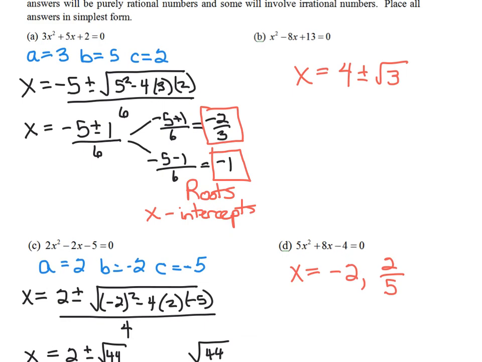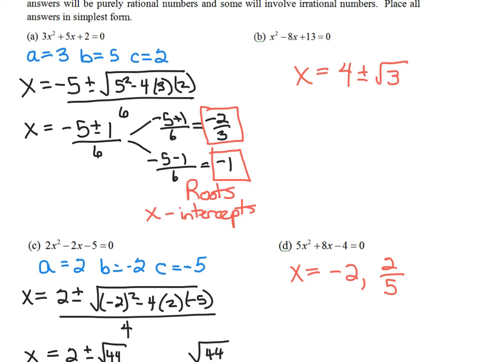For example B, your solutions are two irrational answers, x equals 4 plus or minus radical 3. And again, that means two solutions, 4 plus radical 3 and 4 minus radical 3. Those are conjugates of each other.